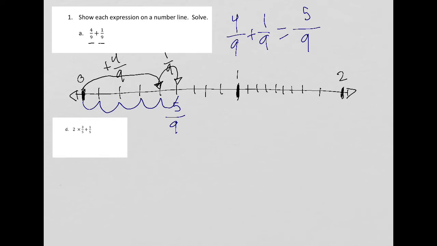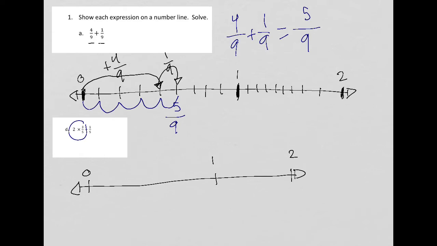And you might be a little confused at first because you're seeing this 2 times, and we haven't multiplied our fractions yet, but it'll make sense when we start doing the actual number line here. So let's draw out the number line. And again, I'm going to start at 0, and I'm going to go till about 1, and then I'll also add a 2.